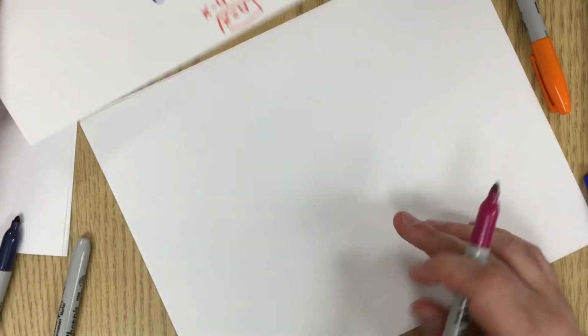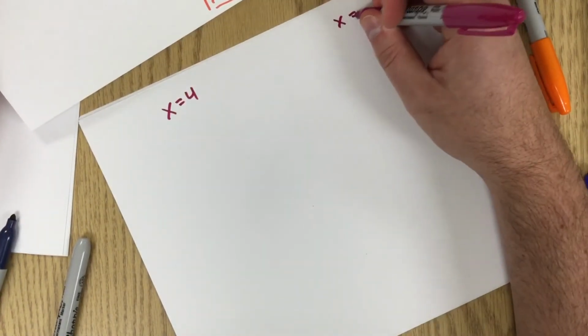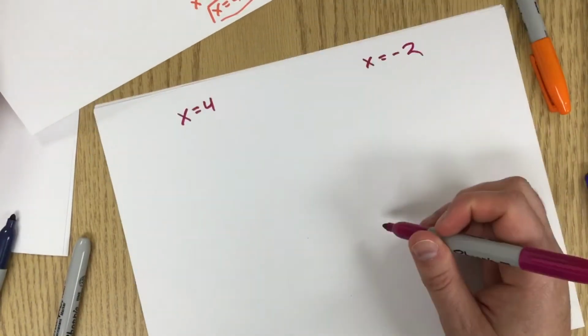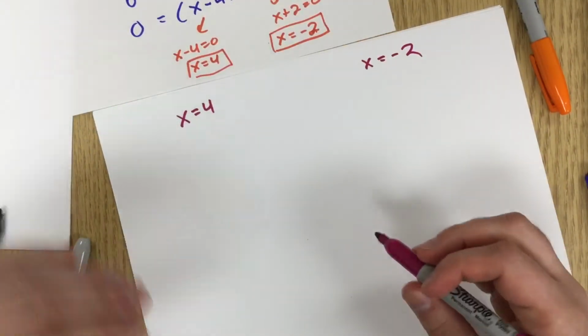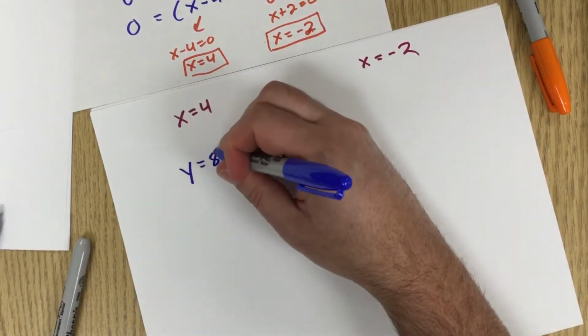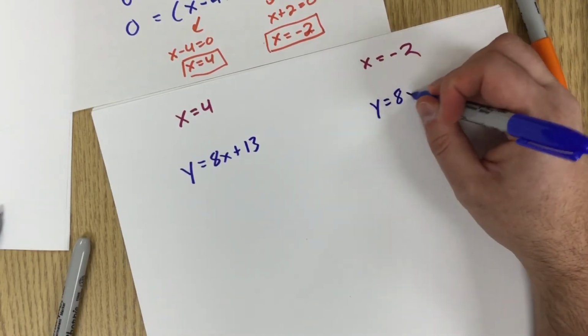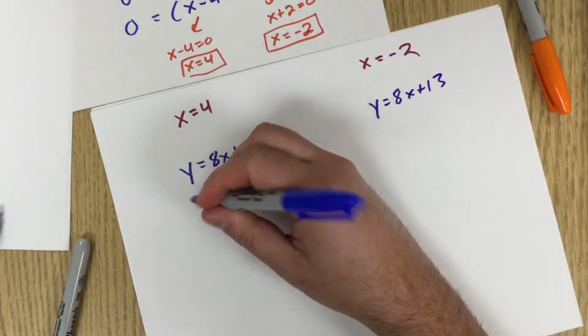So our options are x equals 4 or x equals negative 2. And we know from the first equation that y equals 8x plus 13. And so we could just plug these numbers in.